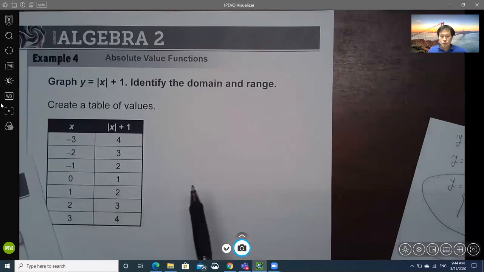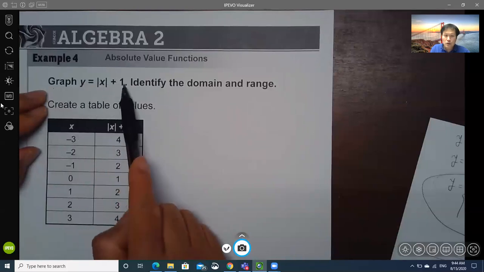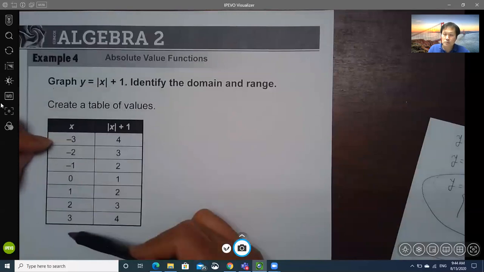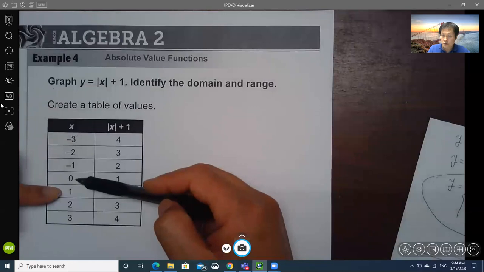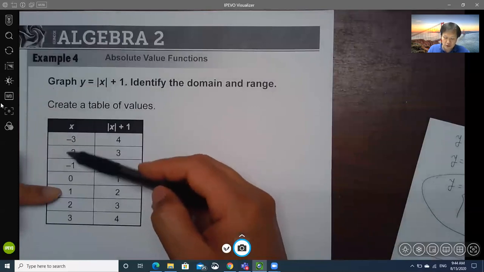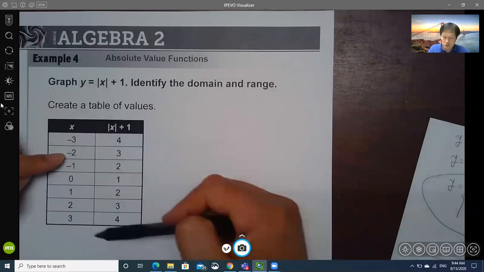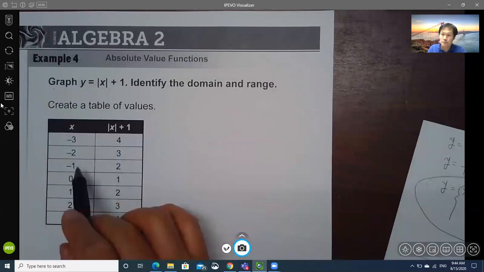So when I ask you to graph y equal to absolute value of x plus 1, one way is you build a table, just fill in x values starting from 0, minus 1, minus 2, minus 3, 1, 2, 3, plug it in, get the y value. You can build the whole table, then plot point, plot point, plot point.